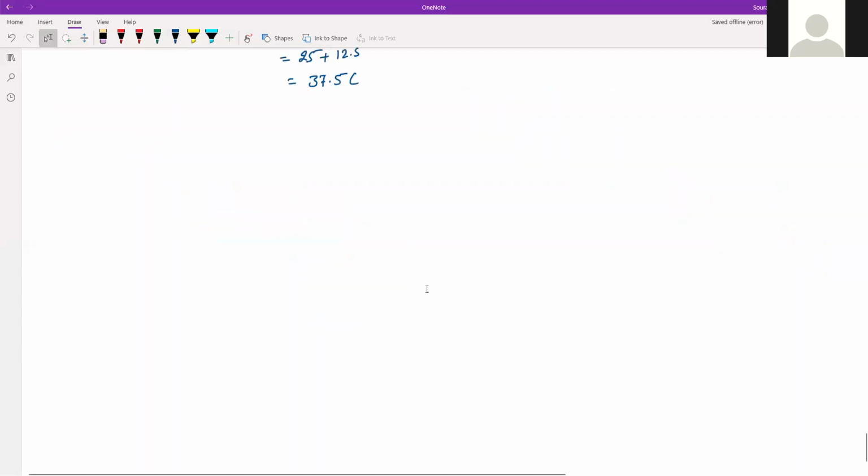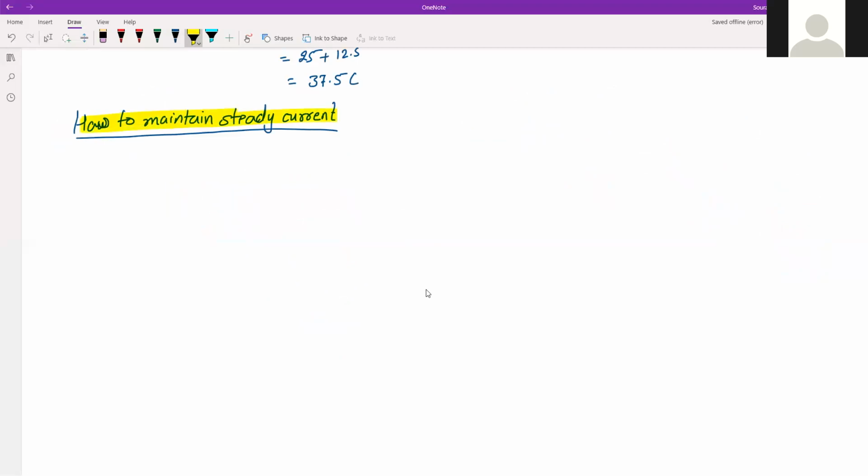Now, how do we maintain this steady current? Let's see how to maintain steady current. That means the rate of flow should be steady or constant.